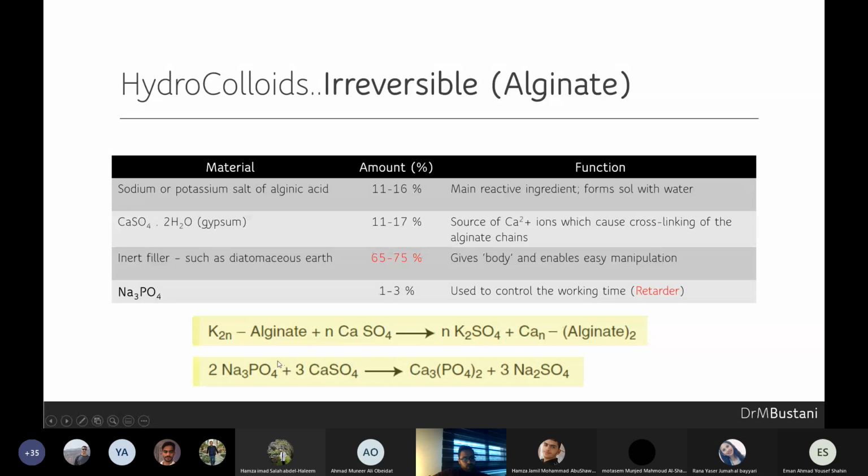So once we consume all of the retarder or the sodium phosphate, the calcium will start reacting with the potassium alginate to produce the final calcium alginate impression material. So this way they regulate the setting time and classify the material as fast set versus slow set according to the amount of the retarder within the powder.